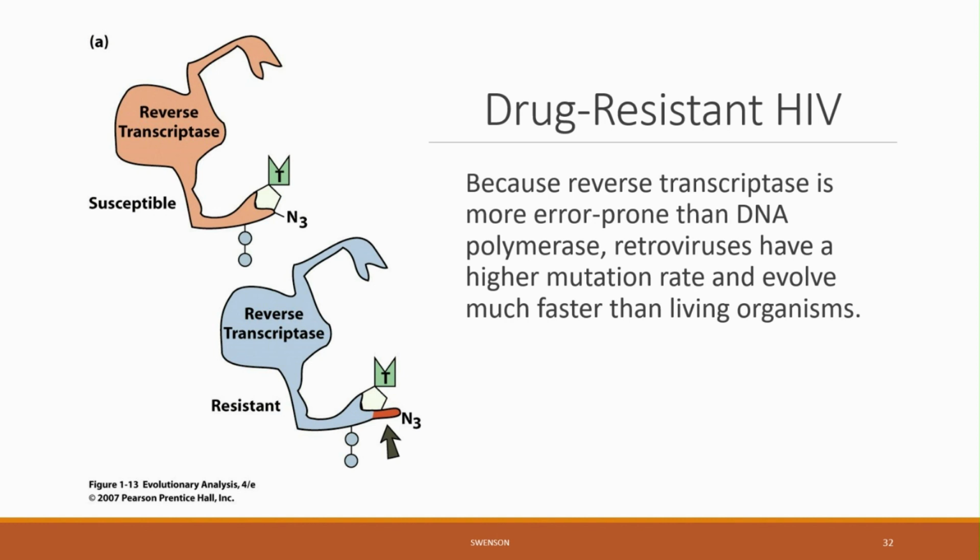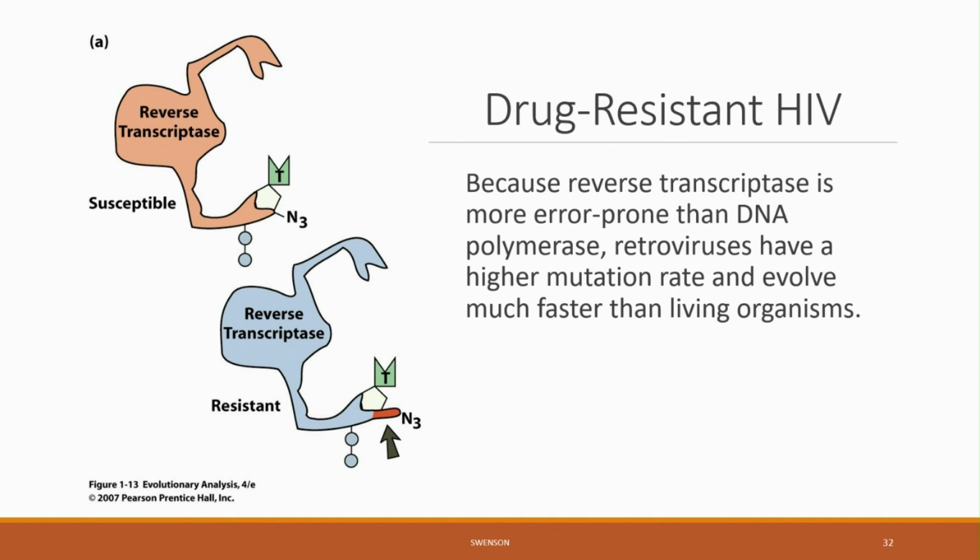However, reverse transcriptase is more likely to make errors when converting RNA to DNA than DNA polymerase is when they make copies of DNA. So, what sort of effects would this higher error rate have? Well, this high error rate would lead to a very high mutational rate in HIV.